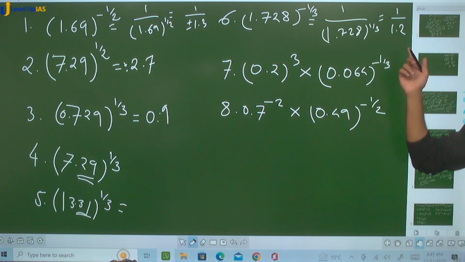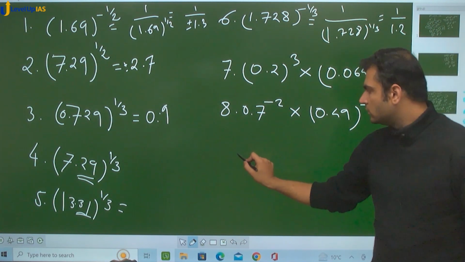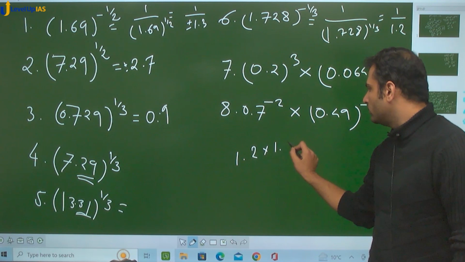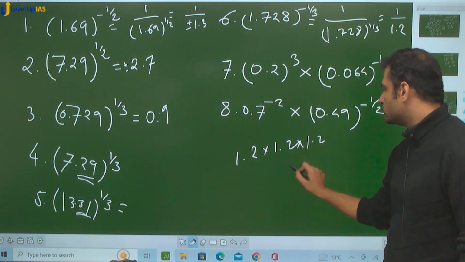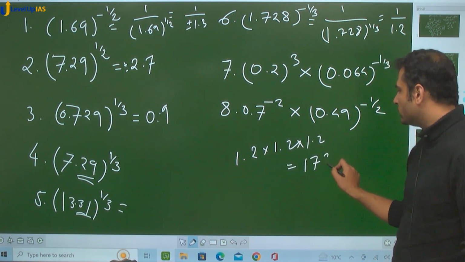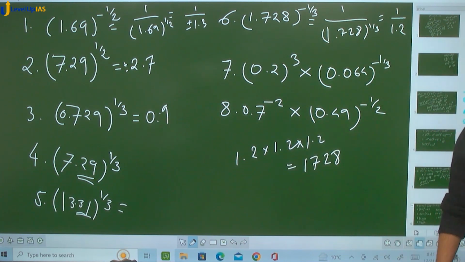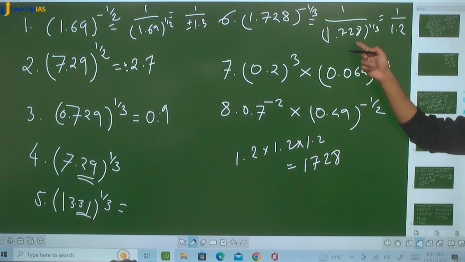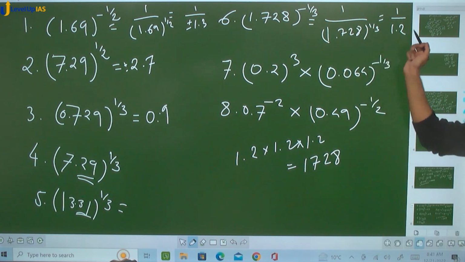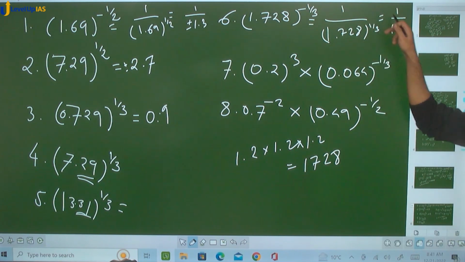Is it 1.2? 1.2 into 1.2 into 1.2 is equal to 1.728, since the cube of 12 is 1728, with 1 plus 1 plus 1 decimal places. The cube root of this particular number is 1.2. This is the answer.